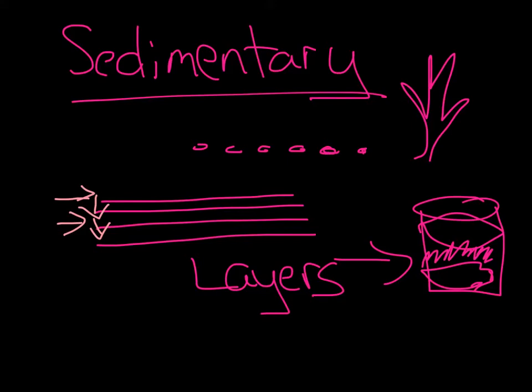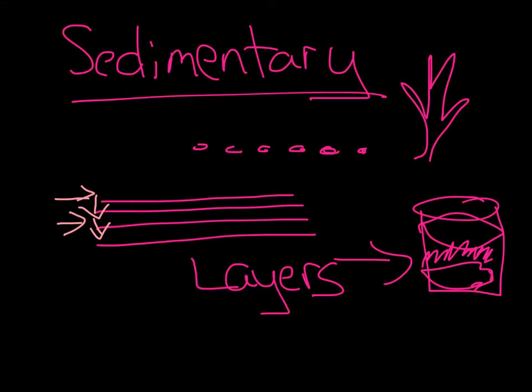That cement is, or can be, minerals that have crystallized between the layers, or, such as in silt and clay, they can just be formed by that pressure, but other times it is going to be the minerals that have crystallized, and those are going to act as that cement that's going to hold them together.